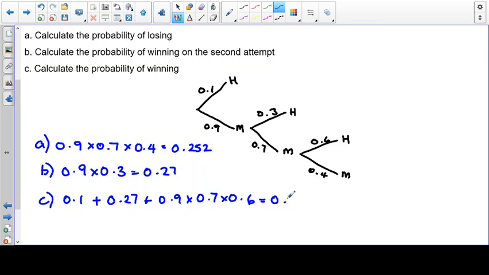That comes to 0.748. There is a quicker way of doing it. The probability of winning, that's going to be 1 minus the probability of losing, which we did for part A. So it doesn't matter how you do it. This was slightly more efficient, but it'll give you the same answer if you do it the long way around.